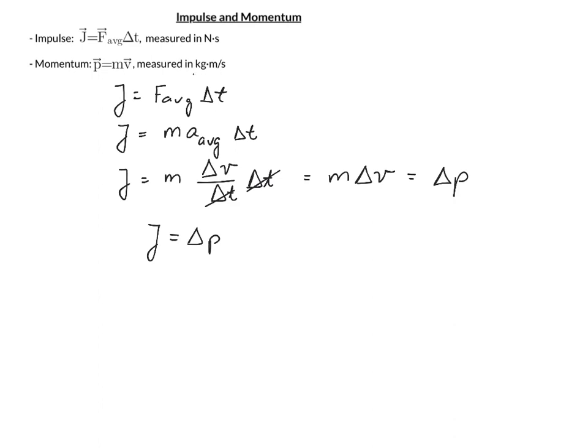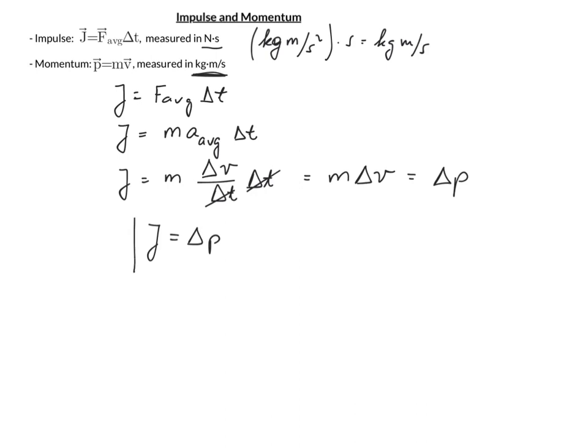And when I wrote out the units for impulse and momentum, I wrote them out based on the definitions of the different quantities. But actually, if we remember that a Newton is a kilogram meter per second squared, and that we multiply by the second, then we end up with kilogram meter per second for impulse, which is the unit for momentum as well.